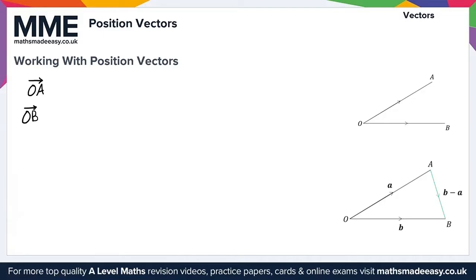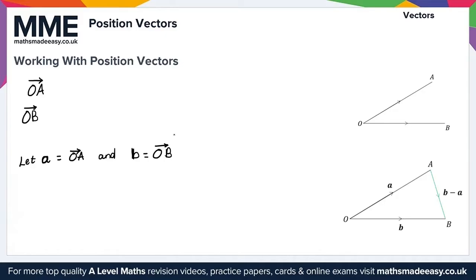Now, by writing points as position vectors, we can then describe vectors between points using position vectors. So here, let A be equal to the position vector of A, OA, and B is equal to the position vector OB.